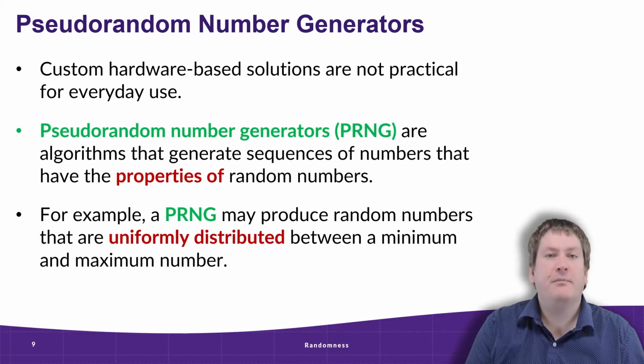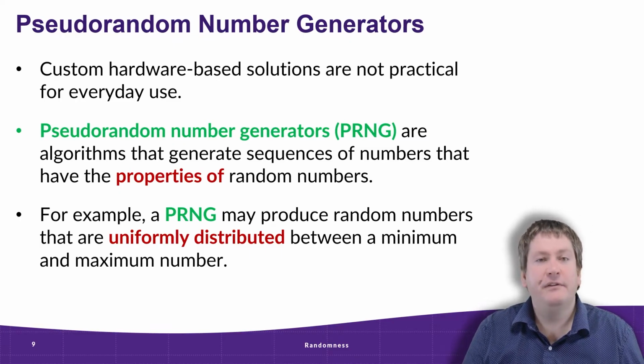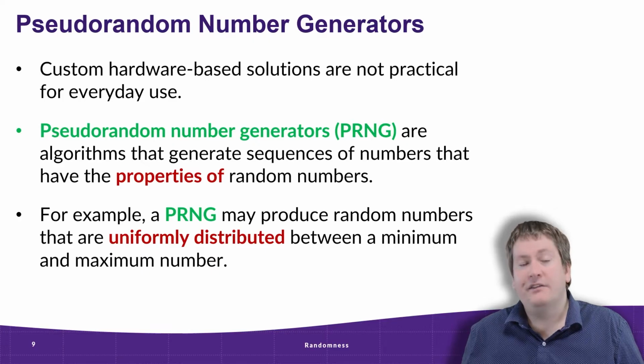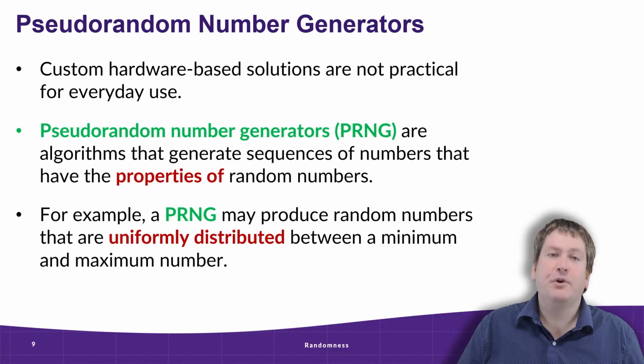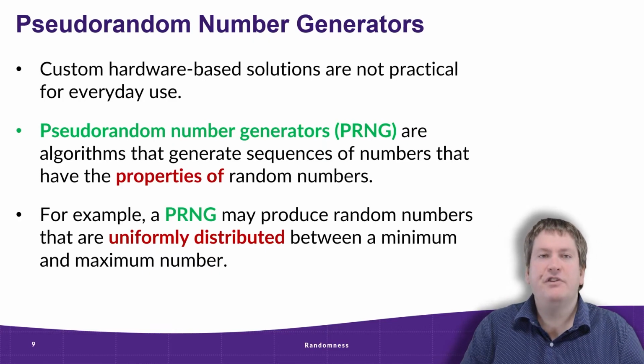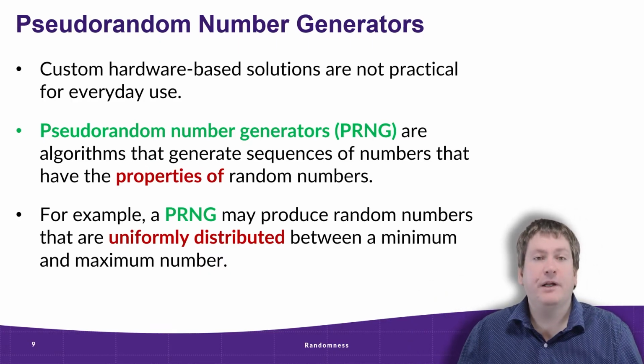So if you're generating numbers between 1 and 10 inclusive, you should have the exact same likelihood of a 1 showing up as a 2, as a 3, as a 4, and so on, all the way up to 10. And if you were to plot out a histogram of those, you should see a nice straight line with each number occurring as much as the last one.